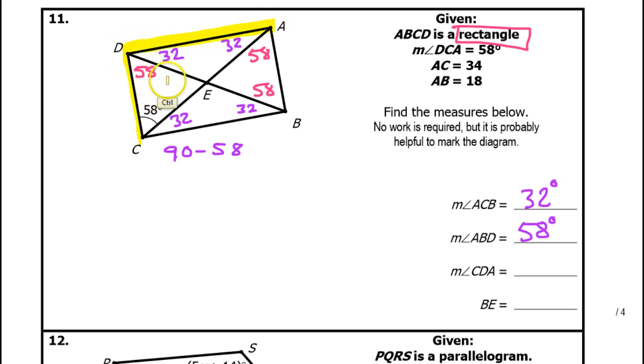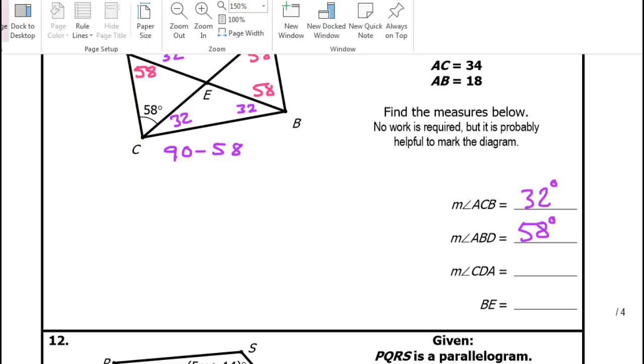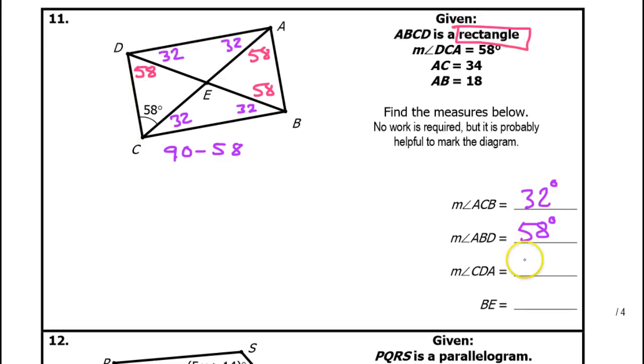Well, that's 90 degrees. I don't really have to add these up. That's just the entire angle of the rectangle. So we know that has to be 90 degrees. So that's it for the angle questions.